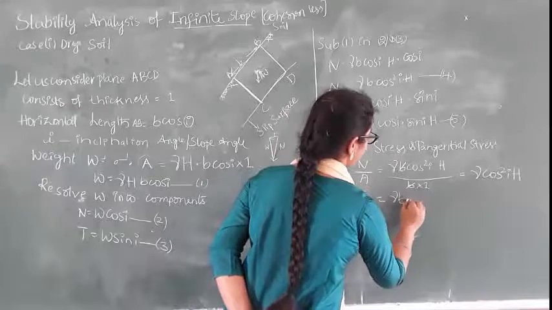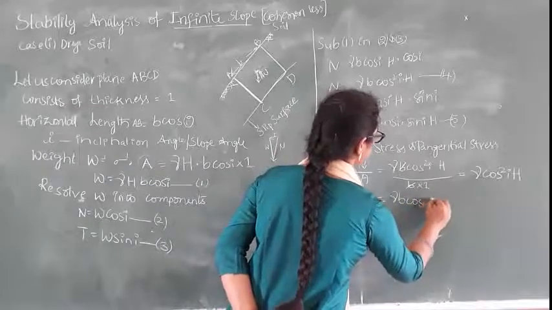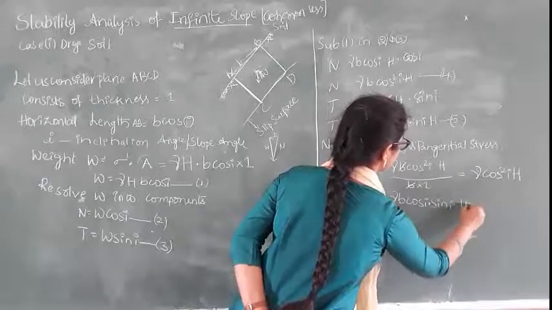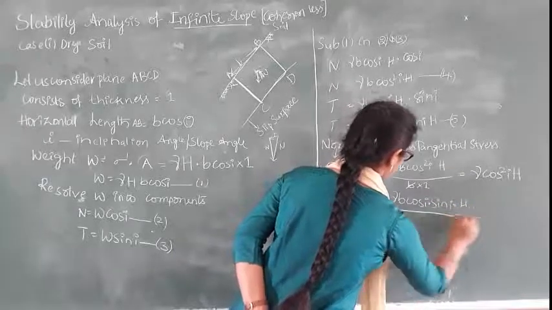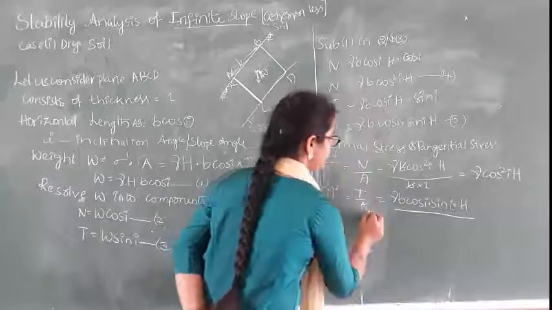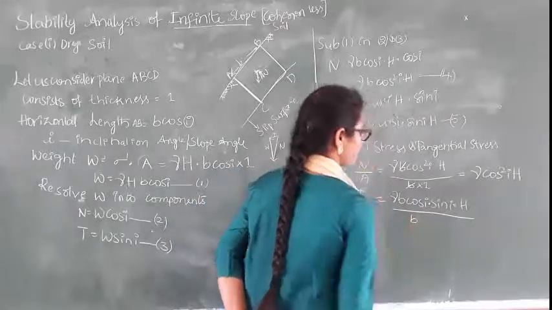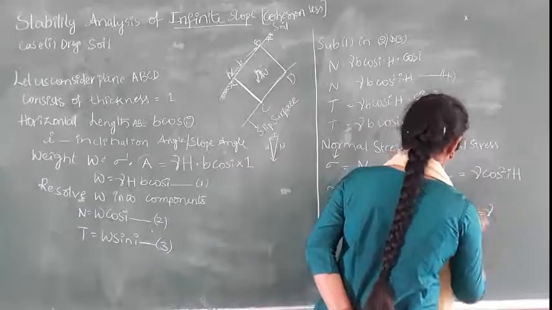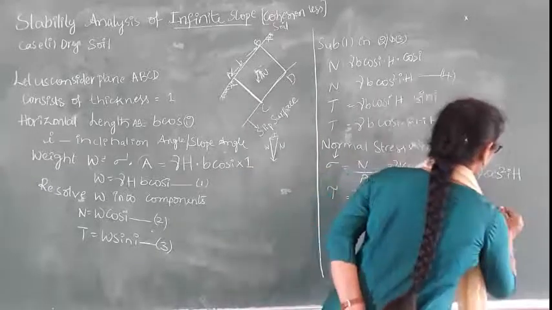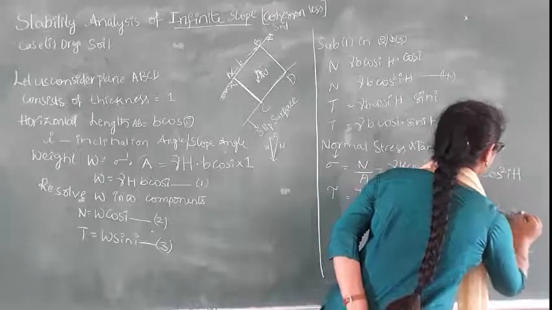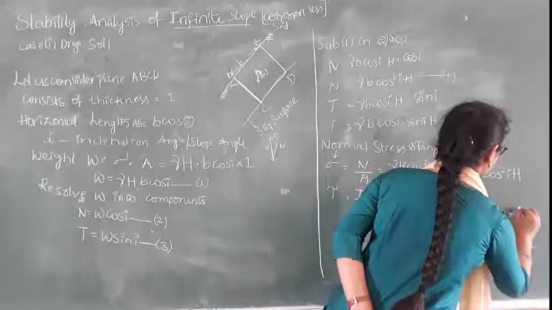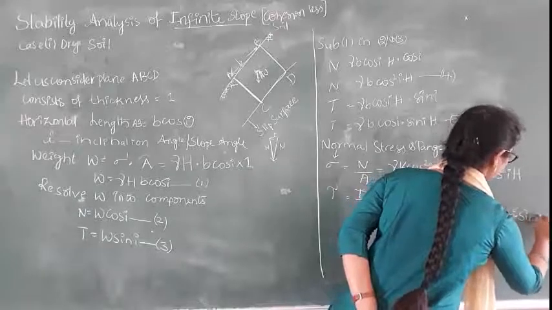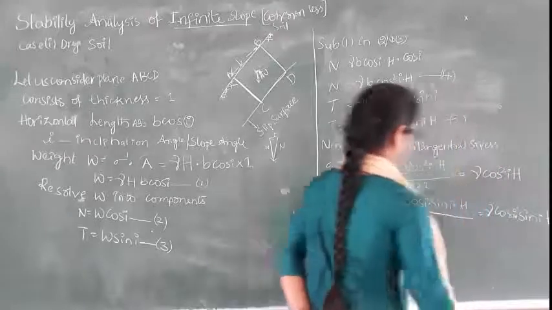Gamma B cos I sin I into h, by the area of the ABCD plane, which is B. The equation will come to be gamma into cos I sin I into h.